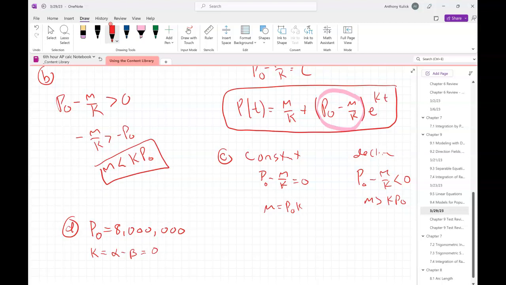I'm going to change that into a decimal, so that's 0.016. Oh no, too many zeros. And then we're told M is 210,000.